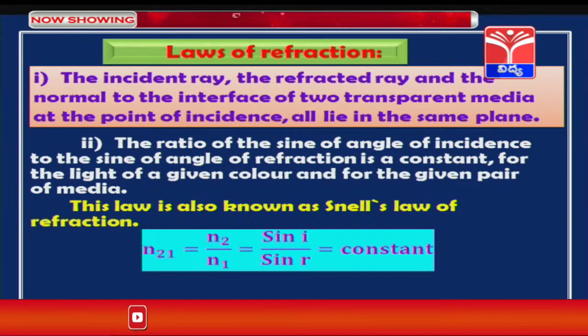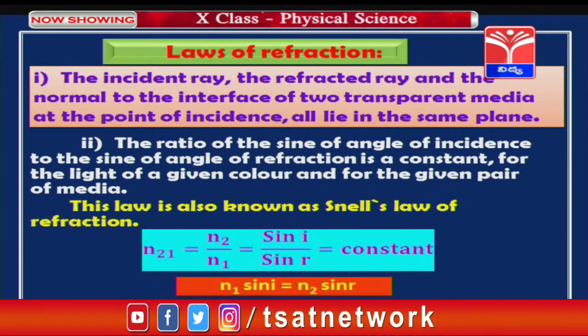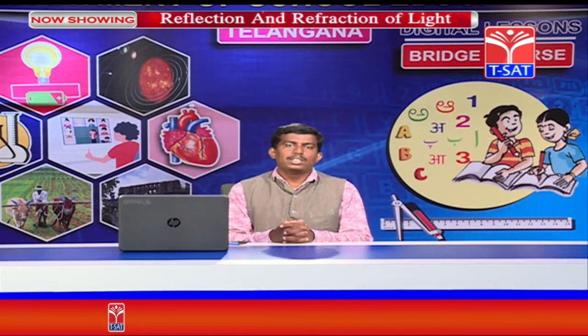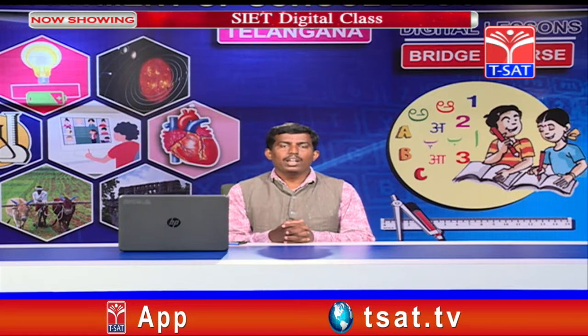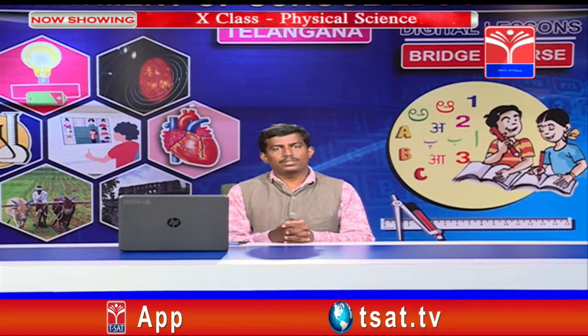By cross multiplication, we will get n1 sin i is equal to n2 sin r. This is called Snell's law of refraction. These are the laws of refraction.